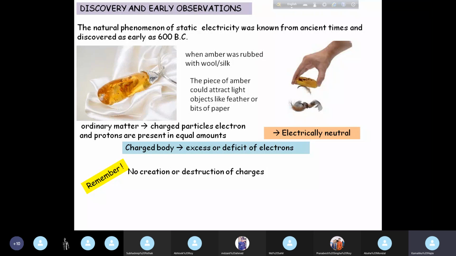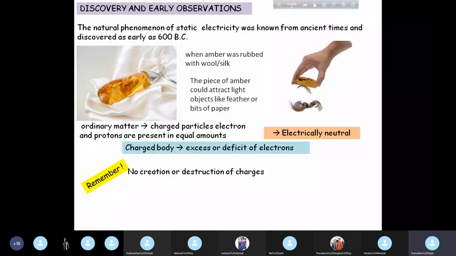So when amber is attracting a feather, charges have not been created on the surface of amber. When amber was being rubbed with silk, due to friction between silk and amber, some loosely bound electrons got transferred from one object to the other.